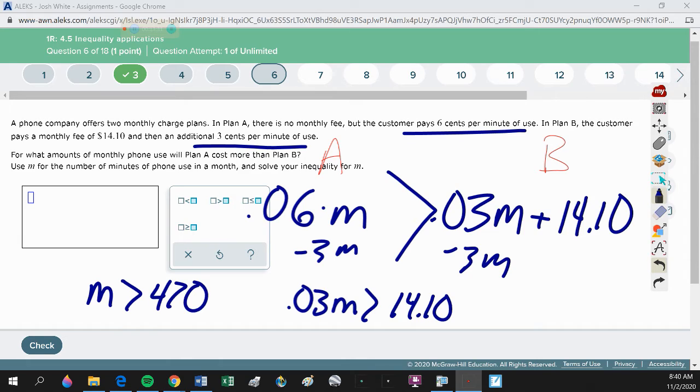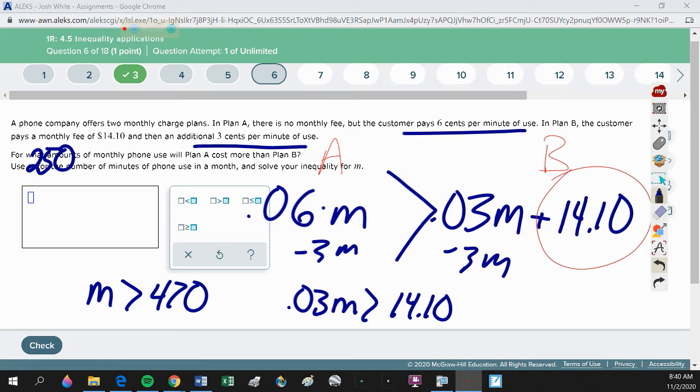What does that mean? It means if you talk on the phone for 250 minutes, which plan do you want? A. Why A? It costs less because of that value right there. Right?